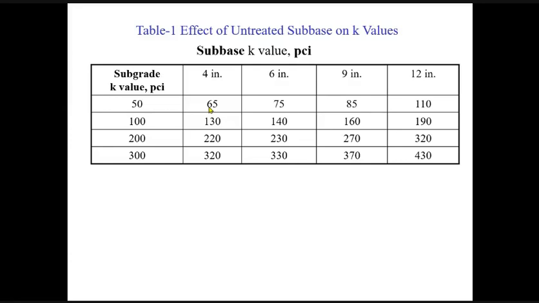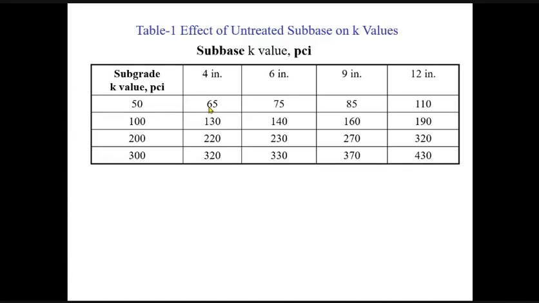You can have a 4-inch, a 6-inch, a 9-inch, and you can go for 12-inch. So when you go for a thicker subbase, you have a higher K value. Consequently, you may require a lesser thickness of concrete.